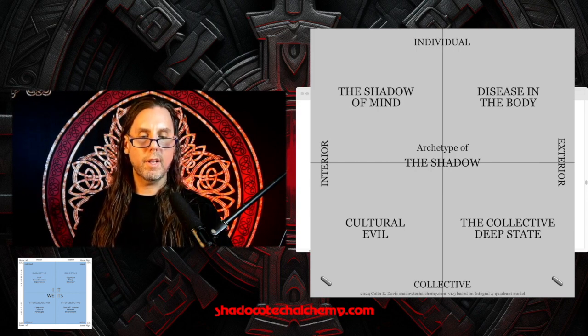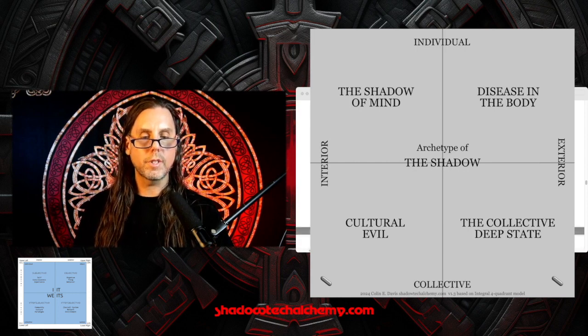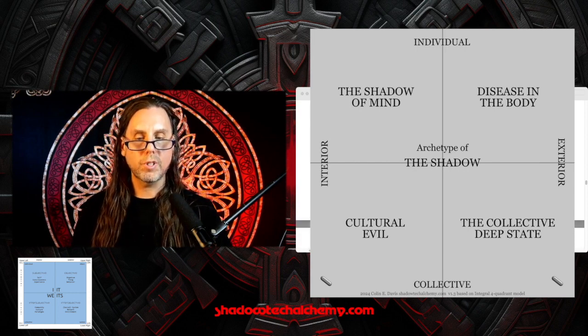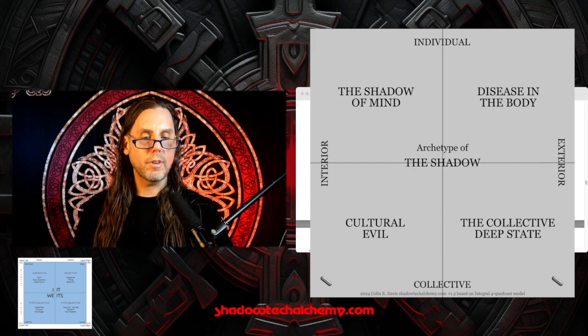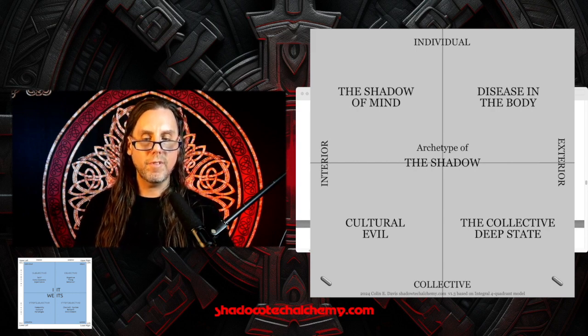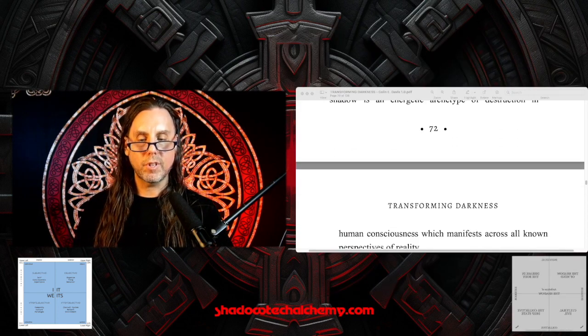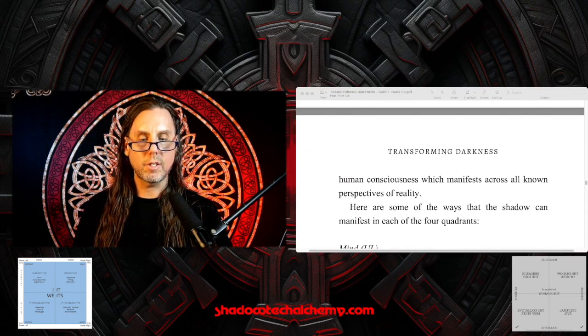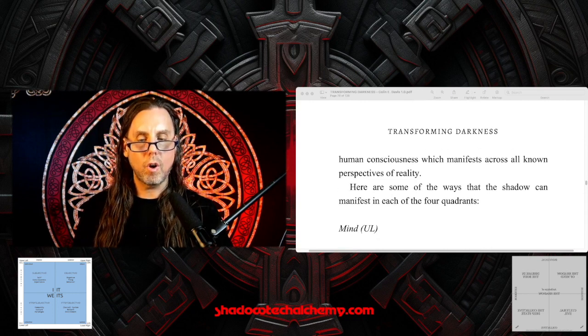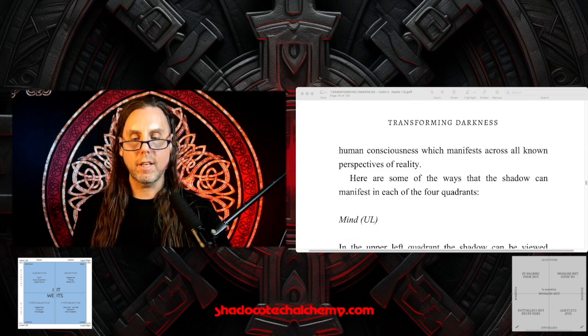It's important to realize when using this holistic lens that each of the 4 quadrants is not just showing us 4 separate phenomena, but rather each quadrant is a different view of a single holistic phenomenon. The shadow is an energetic archetype of destruction in human consciousness, which manifests across all known perspectives of reality.